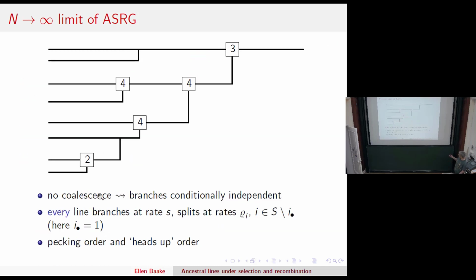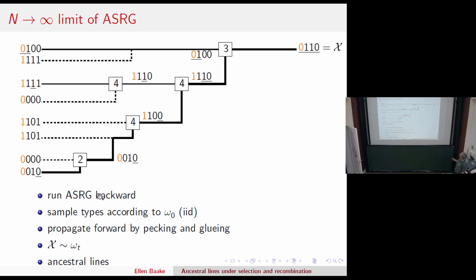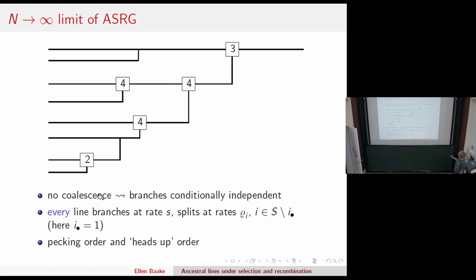The next task is again to find the type of the individual at the root here. That type should then, and actually does, follow the distribution omega_t. To do that, we proceed in three steps. First we construct this graph without the types.